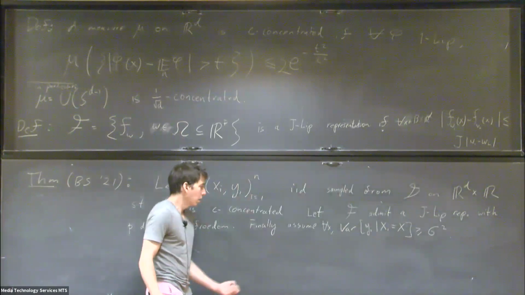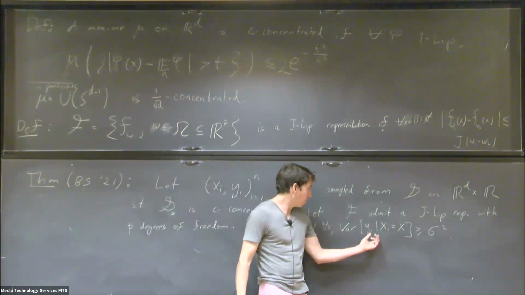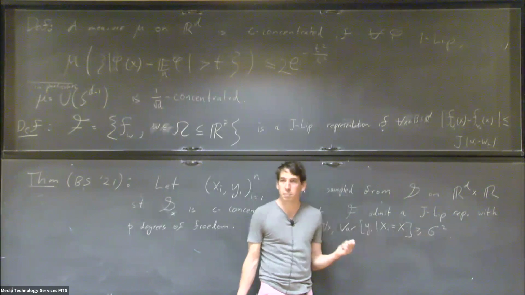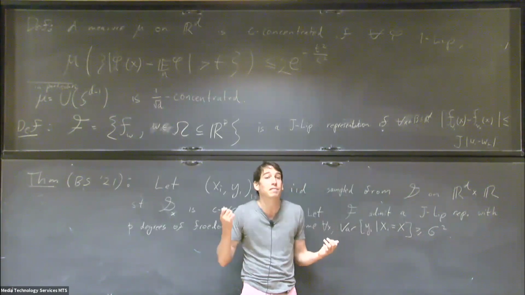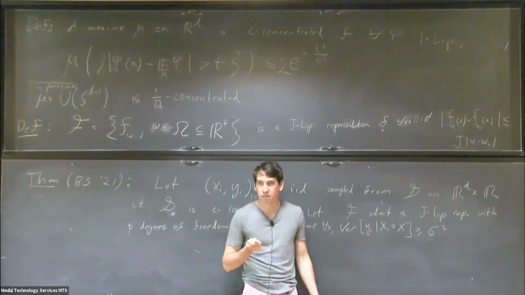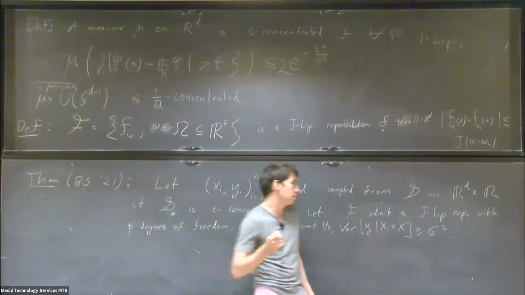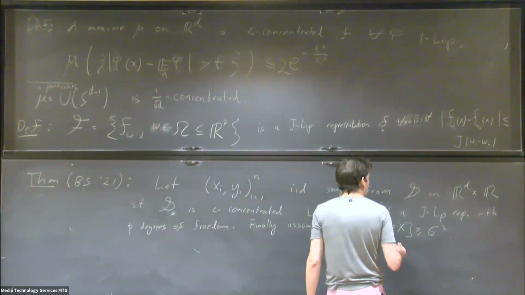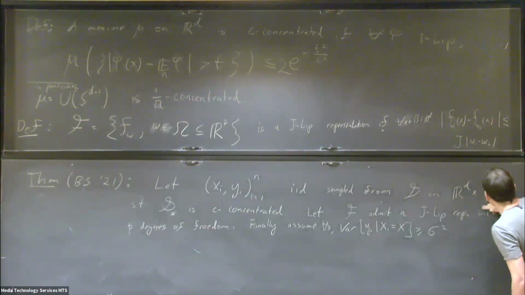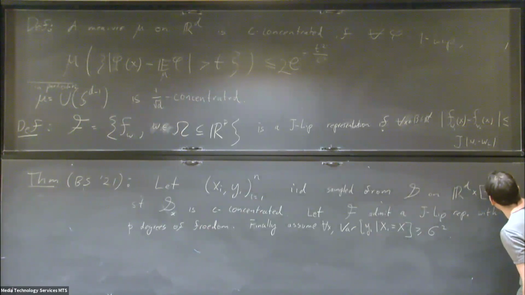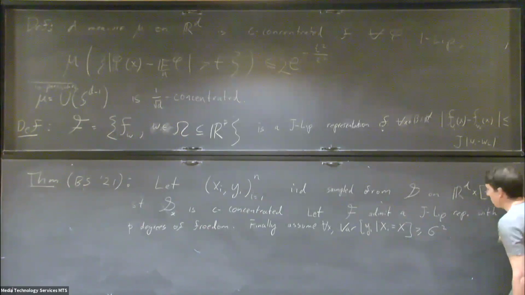So this means that even if I condition, I still have sigma squared variance, meaning that I have some noise in my data. And let's also assume that the yi's are bounded.